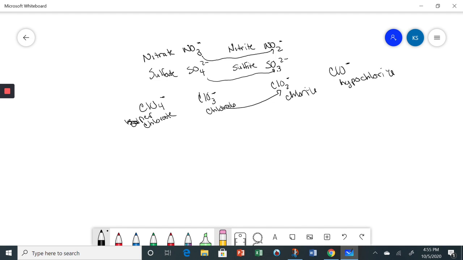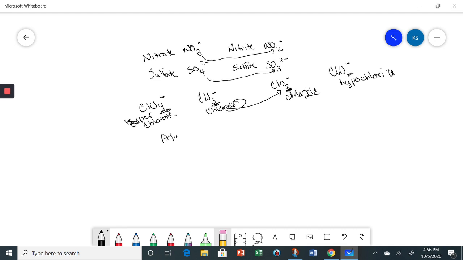Notice the difference. 4, 3, 2, 1. Okay, so there's a pattern here, especially between the ates and the ites. It's a difference of 1 oxygen.